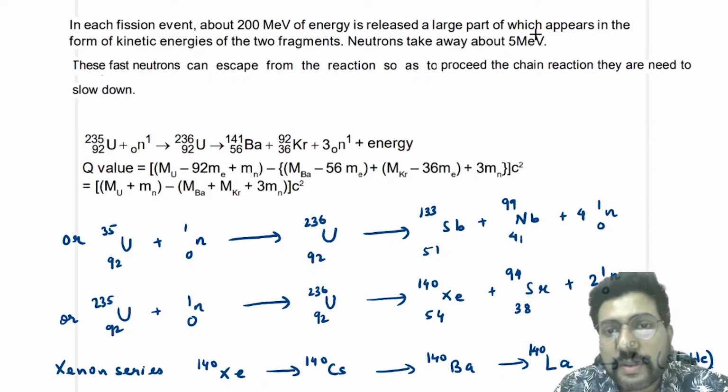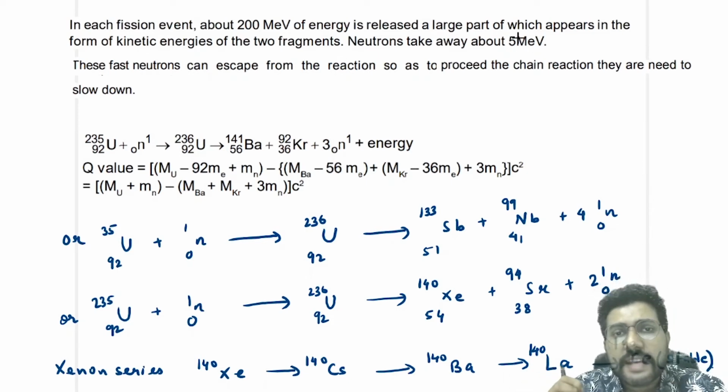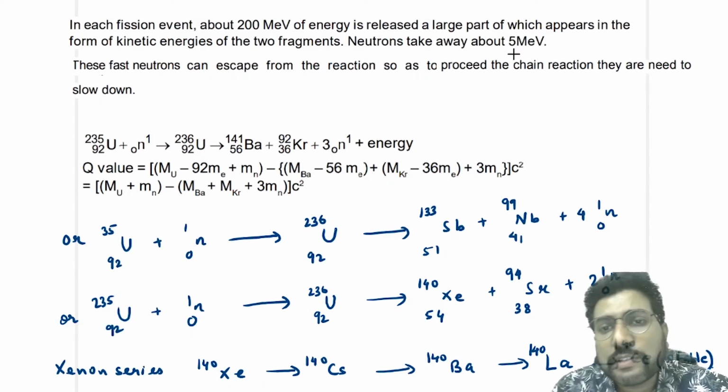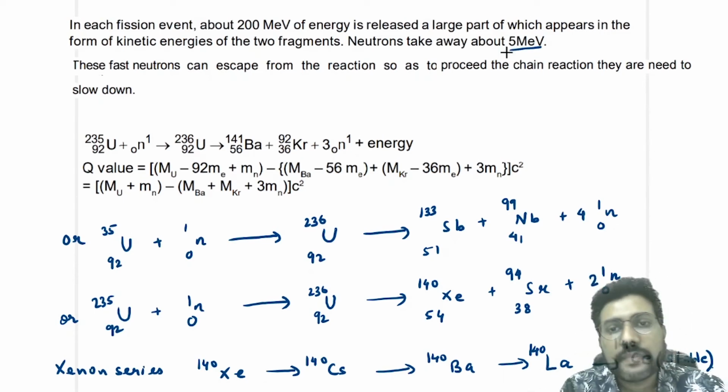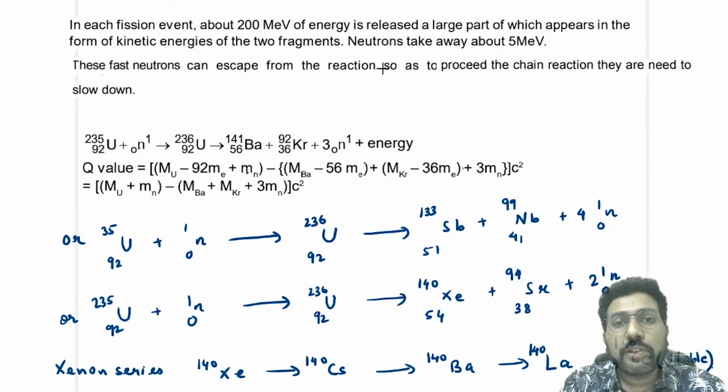Okay, so now these are very fast moving neutrons, right? But we require a very slow moving neutron to strike the uranium. So if we require a slow moving neutron, first we have to slow it down so that it can be used again for a new fission. To slow down these neutrons, we use moderators. What are moderators? We will discuss in detail a bit later.